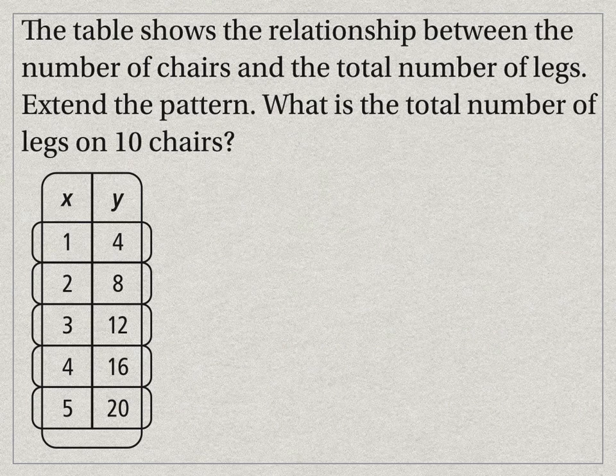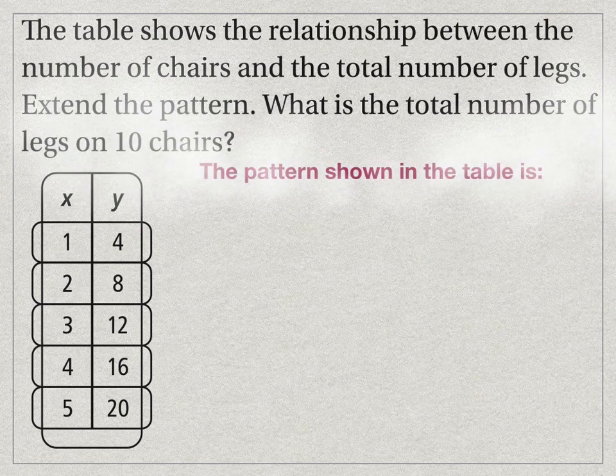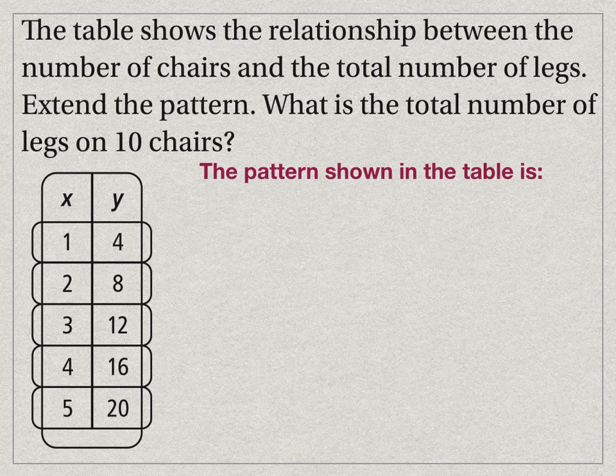The last example says the table shows the relationship between the number of chairs and the total number of legs. Extend the pattern. What is the total number of legs on 10 chairs? The pattern shown in the table is, if you look at the x and the y, you're trying to find something that you can do to each x value to get its corresponding y value.